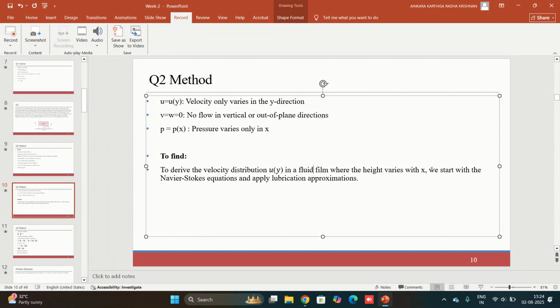We start with the Navier-Stokes equations and apply the approximations.